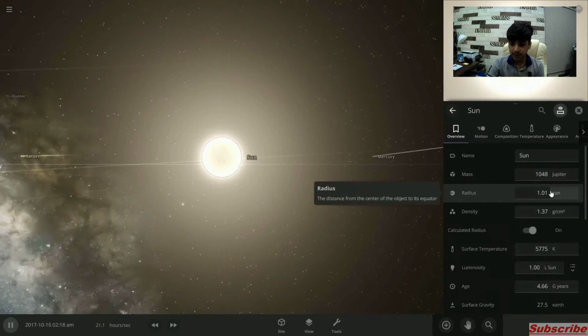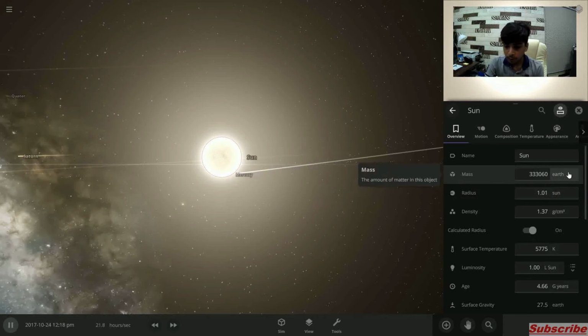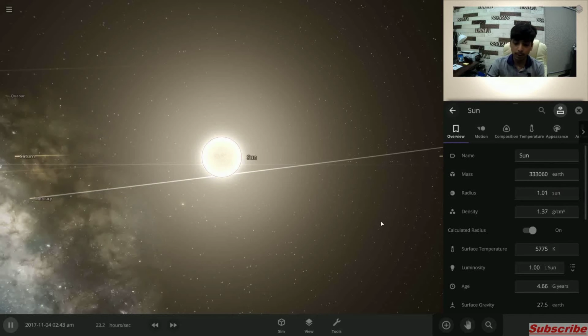That is equivalent to 1048 Jupiters, plus that is also equivalent to 333,060 Earths. Now the Sun also has the radius of 1.01 Sun, because its width is more than a Sun.